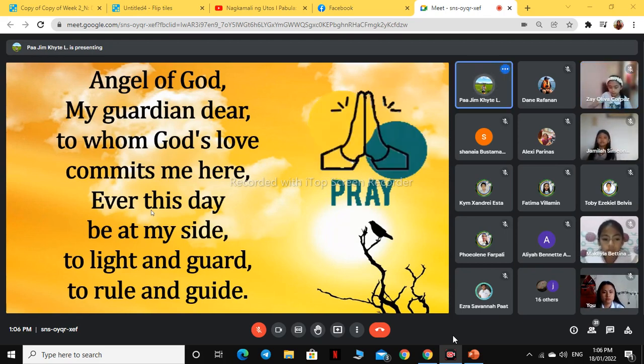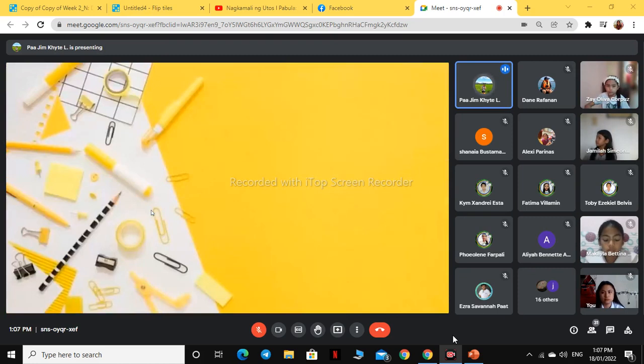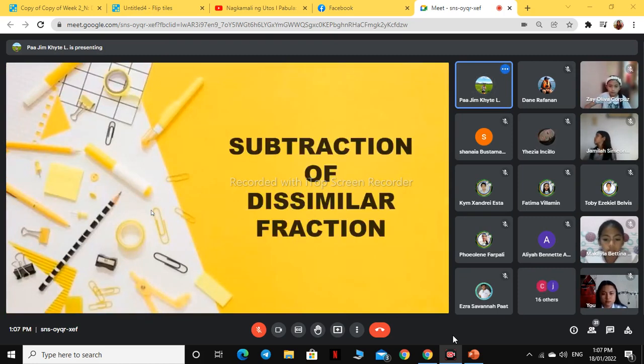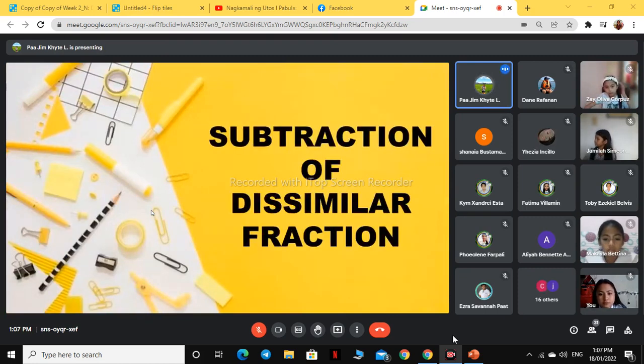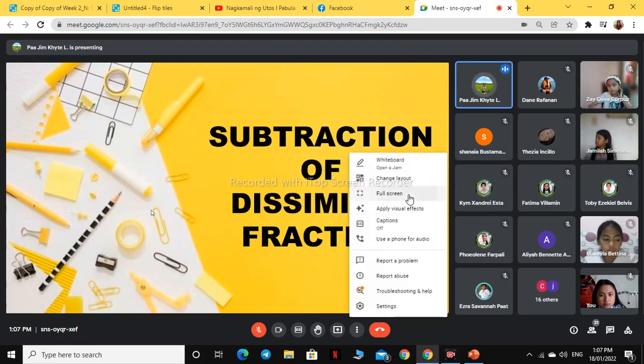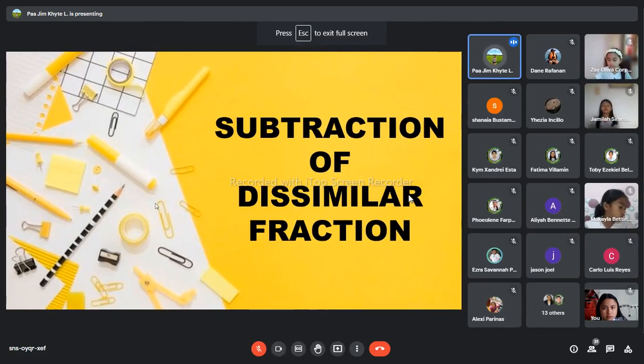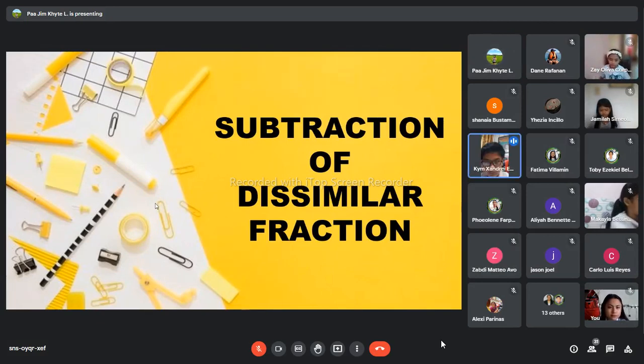So last meeting, we talked about subtraction of dissimilar fractions. I have prepared some equations and let's try to solve them. Kindly bring out your whiteboard and your marker. Ma'am, okay lang papel, ma'am. Sige lang anak, okay lang.